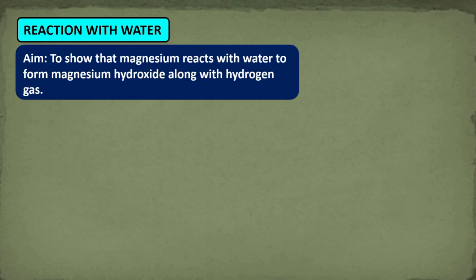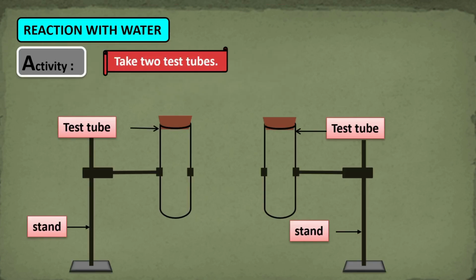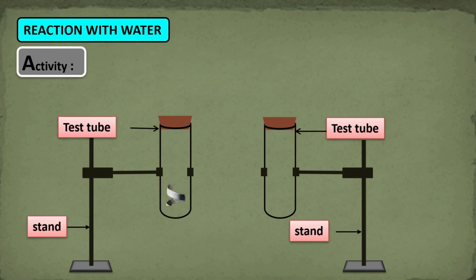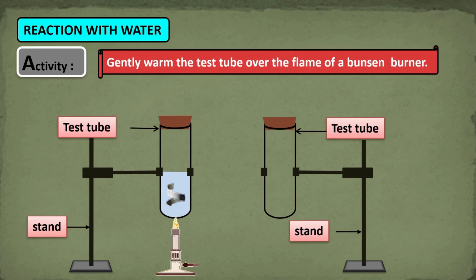Aim: to show that magnesium reacts with water to form magnesium hydroxide along with hydrogen gas. Activity: take two test tubes, take a piece of magnesium ribbon, fill the test tube half with water, gently warm the test tube over the flame of a Bunsen burner.